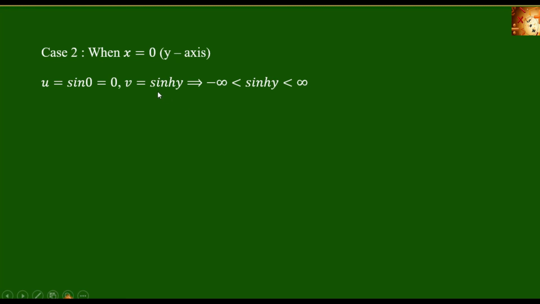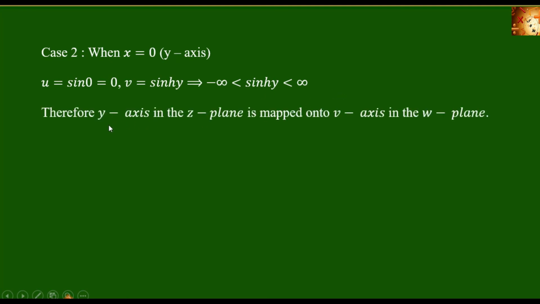We see what is the range of sinh y. Hyperbolic sine lies between minus infinity to infinity. So minus infinity less than sinh y less than infinity. Therefore, the complete y-axis in the z-plane is mapped onto the complete v-axis in the w-plane.